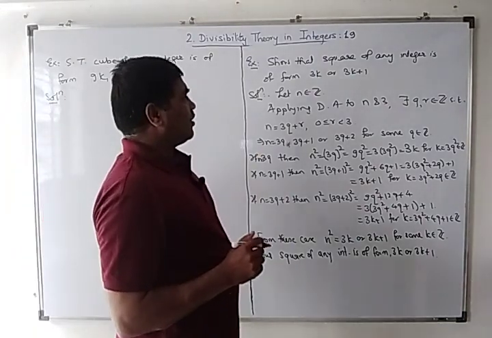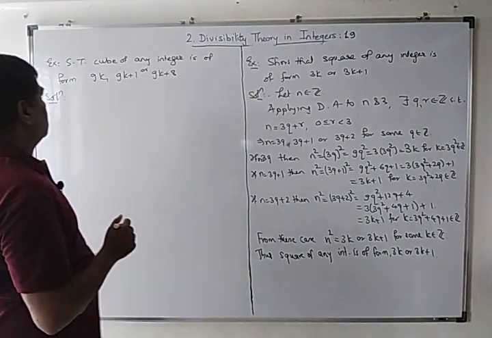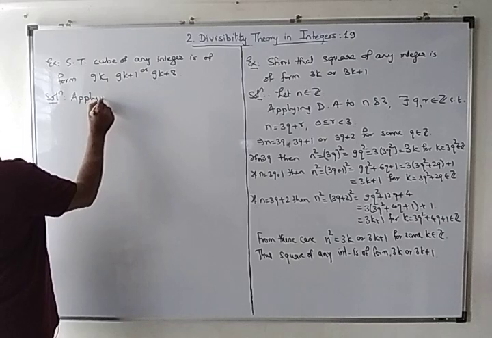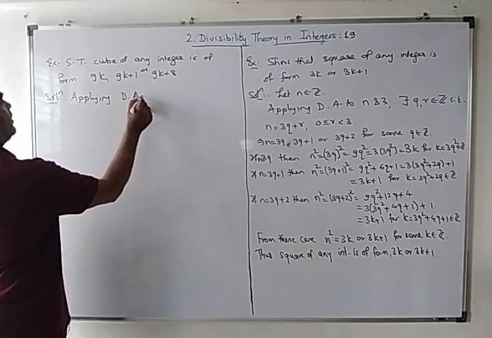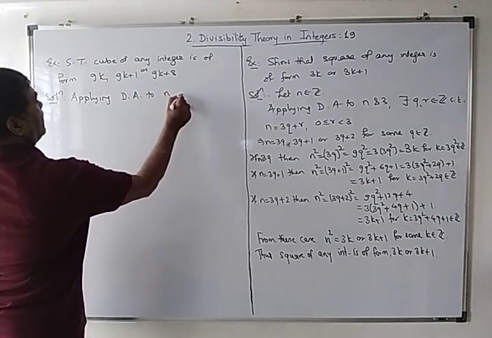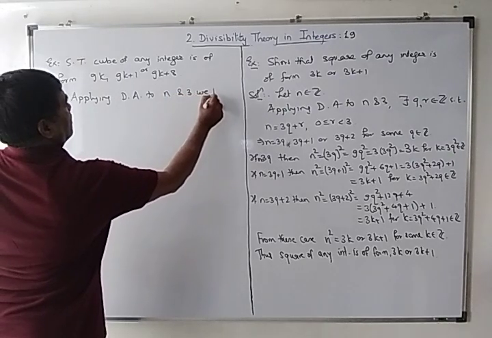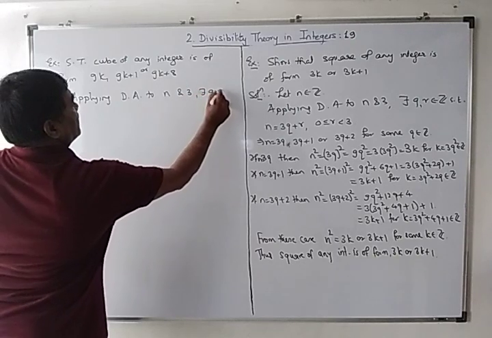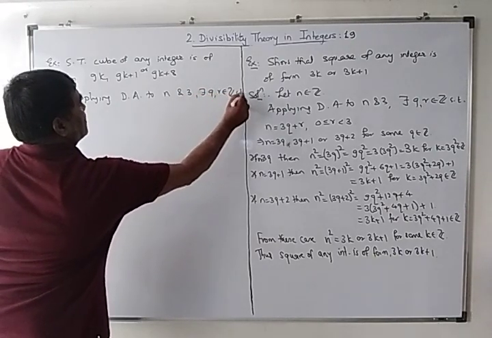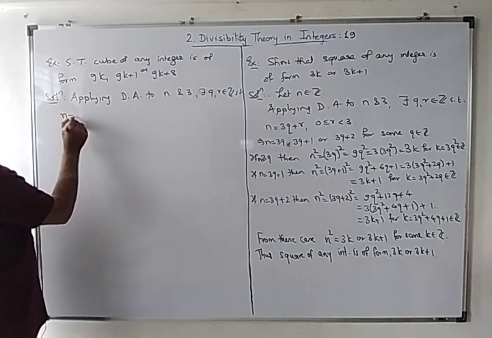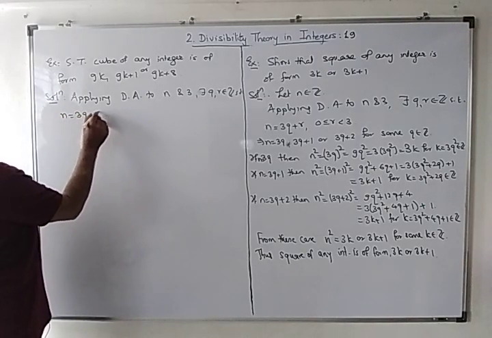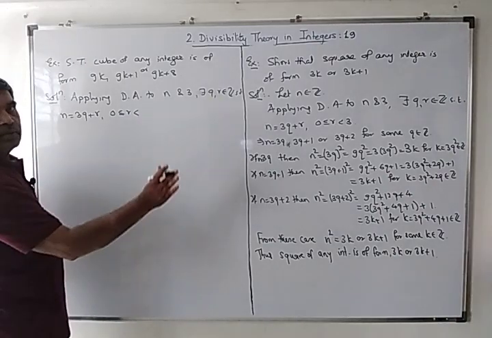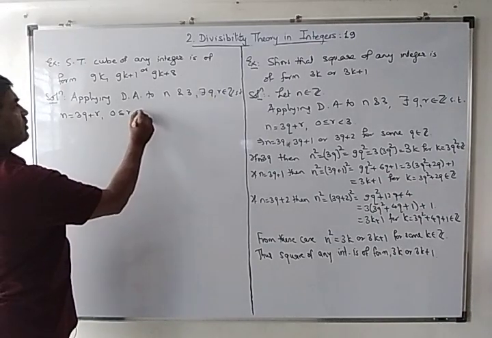Again, we will apply the division algorithm to n and 3. Applying the division algorithm to n and 3, there exist some q, r belonging to Z such that n is equal to 3q plus r, where 0 less than or equal to r less than 3.